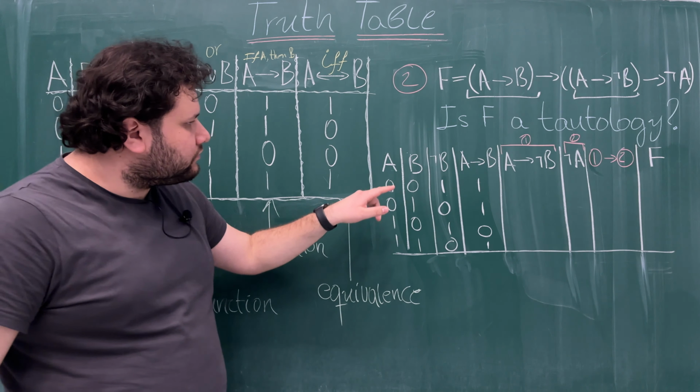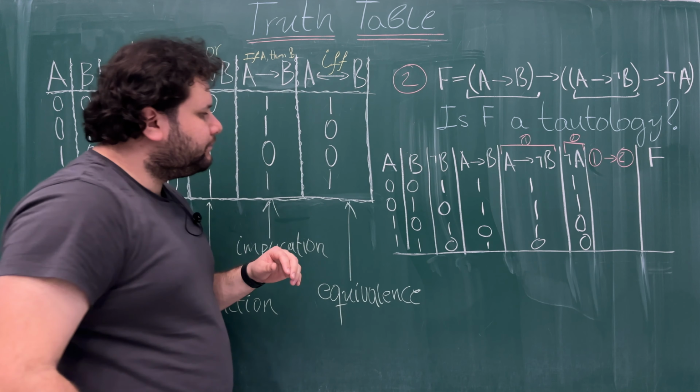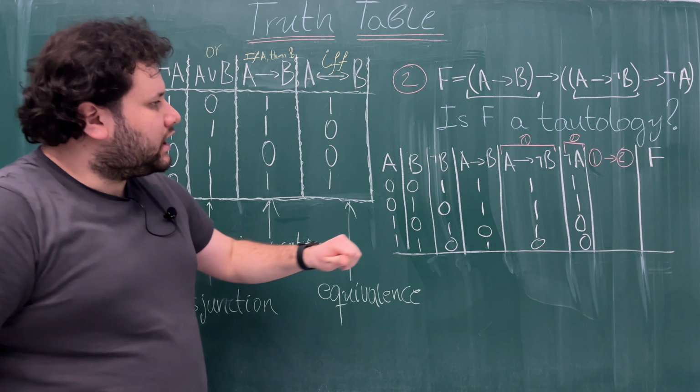This is false. Now let's find out the negation of A. The negation of A is just going to be true, true, false, and false. Now, as you can see here, this one is for A implies negation of B, and this is for negation of A. We are calculating this part of the statement.